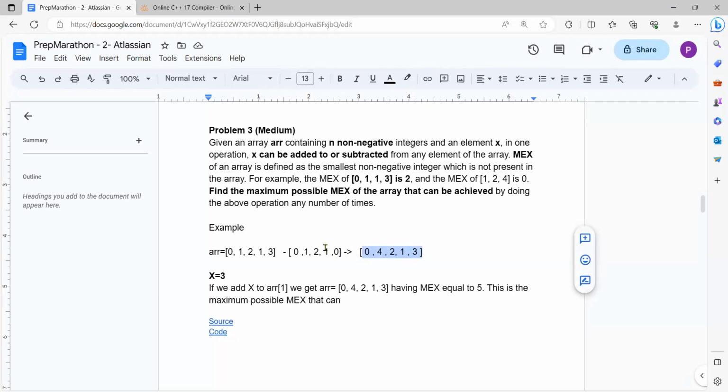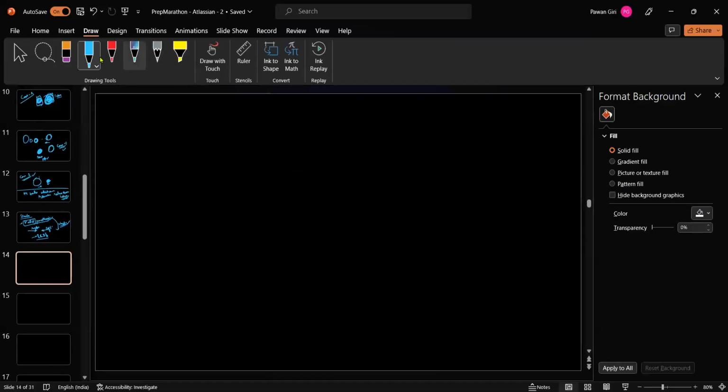You are given the array 0, 4, 2, 1, 3. Let me use my pen and PPT. Okay. So what I am saying, what is given to you? 0, 4, 1, 2, and 3 is given.